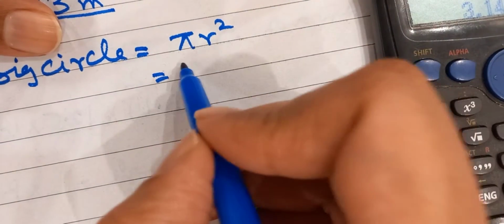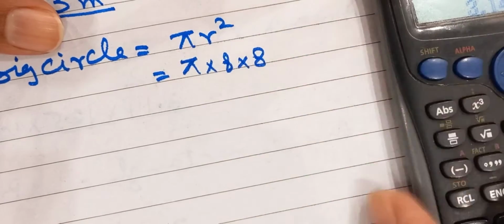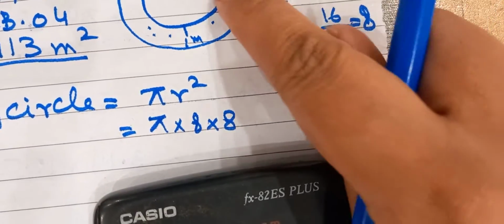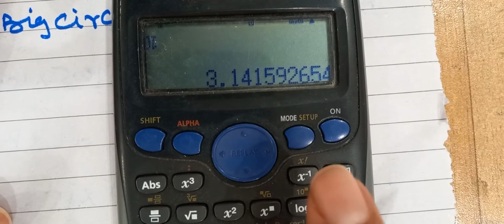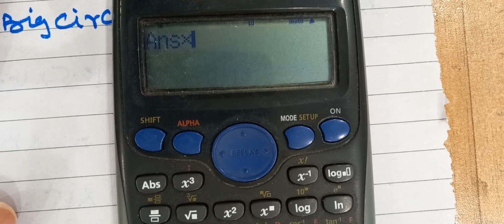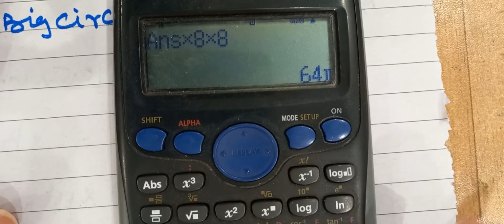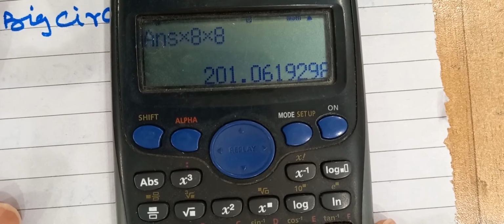I'm just going to multiply pi into 8 into 8, as 8 is the radius of our new circle, which is the path around it. I multiply this value of pi with 8 into 8, and I get my result, which is 201.0619.